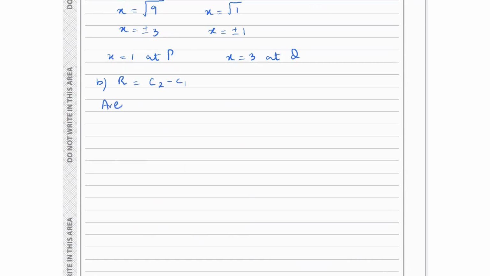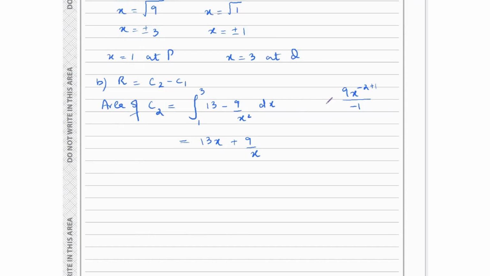So R equals C2 minus C1. So area of C2 is going to be the integral of C2, which is 13 minus 9 over x squared from the limit of 1 to 3 dx. Integral of 13 is going to be 13x. Integral of negative 9 over x squared is going to be plus 9 over x. Why? Because it's going to be 9 times x to the power of negative 2, add 1 to the power, divided by the new power.